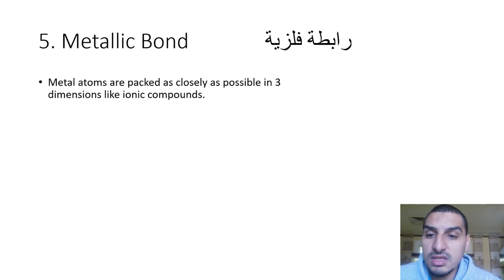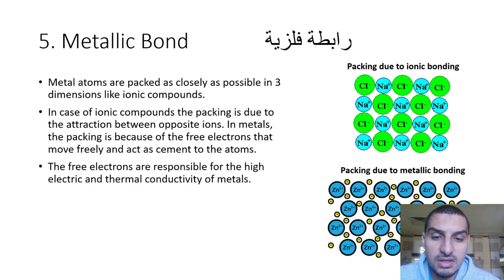And the metallic bond, again, we discussed before in the previous chapter when we were talking about the melting and boiling points of the elements in the periodic table. We mentioned that the boiling and melting point of metals, or the mechanical properties of metals, is dependent on the electron cloud.